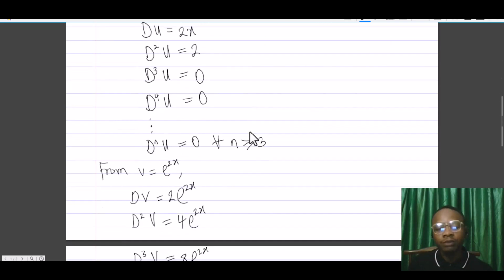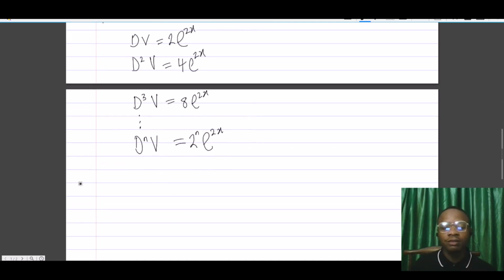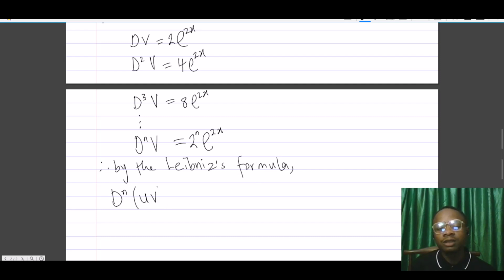So therefore, by Leibniz's formula, the nth derivative of uv is equal to, of course, we write out the formula again: the summation from r equals 0 to n of n combination r, the rth derivative of u, the (n minus r)th derivative of v.